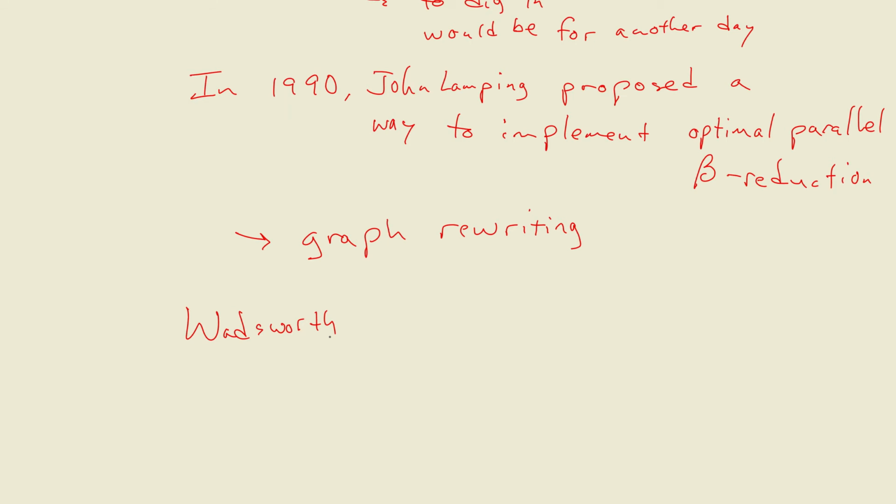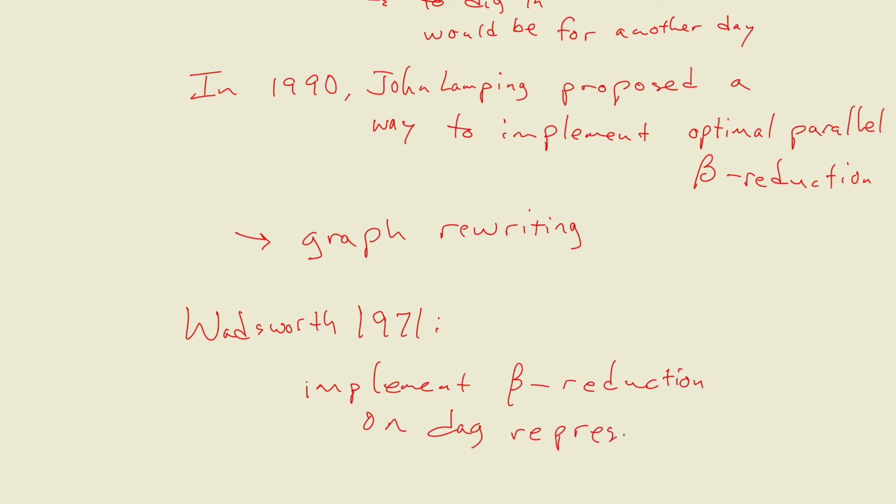So you think, we've gone backwards. The solution was long ago, even before we knew there was a problem. And that is to implement beta reduction on a DAG representation, directed acyclic graph representation, of lambda terms.